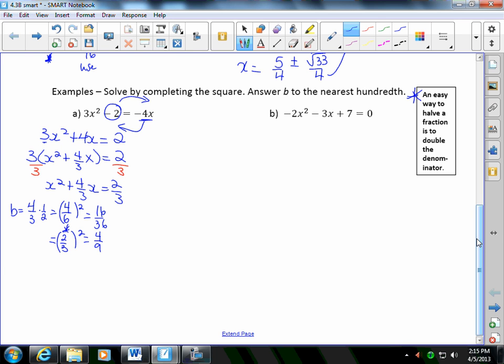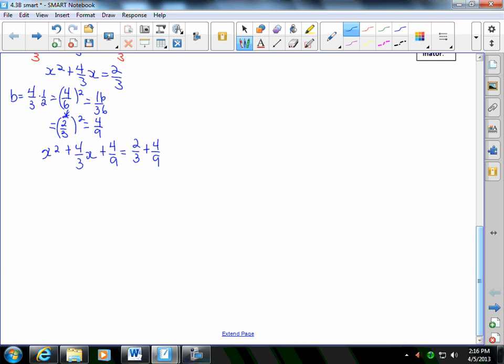Okay, so to complete the square, I have x squared plus 4 over 3x plus 4 over 9 is equal to 2/3 plus 4 over 9. So this is a perfect square, so I have x plus, and this is my keep value, 2 over 3 all squared is equal to 2/3 plus 4/9.